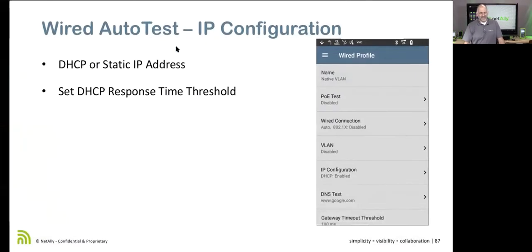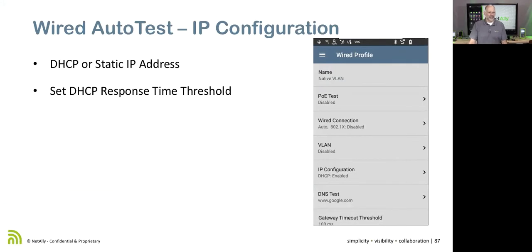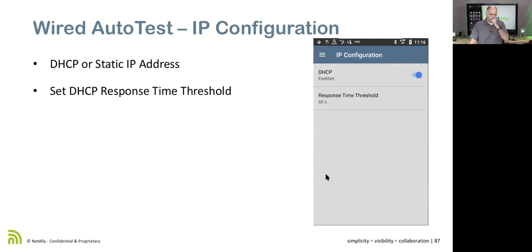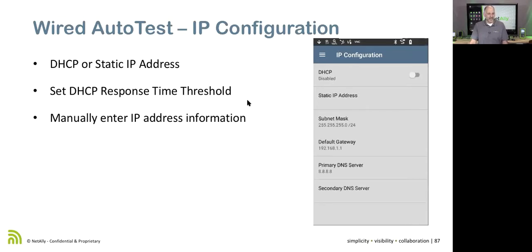The rest of this is pretty straightforward as far as our address. I could come into my IP configuration and say, am I going to use DHCP? And if I am going to use DHCP, what's my threshold on that? Or I can manually enter that information. All of us have networks where we don't have an IP address set up.